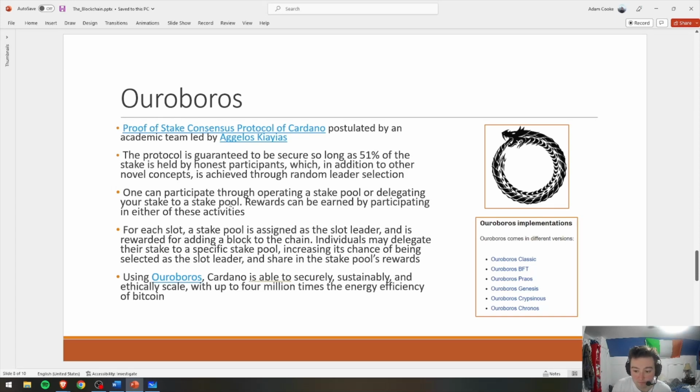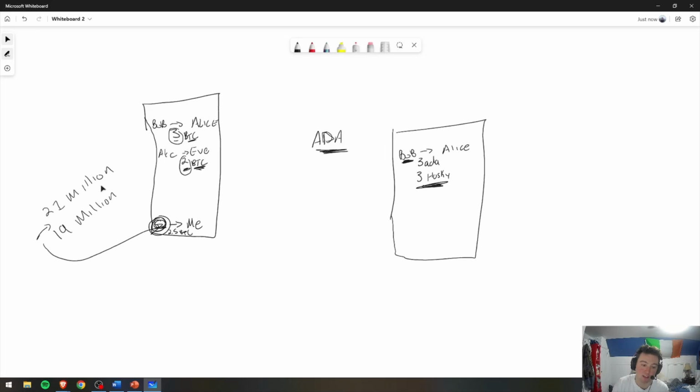We talked about how it's broken down into epochs and slots, and how an individual is granted the right to produce a block based on the amount of stake that they currently hold, and then block producers are rewarded with transaction fees and with monetary expansion, which is the idea that you have a finite total amount of cryptocurrency, and then you have a subset of that in circulation, and you eventually get up to this total amount.